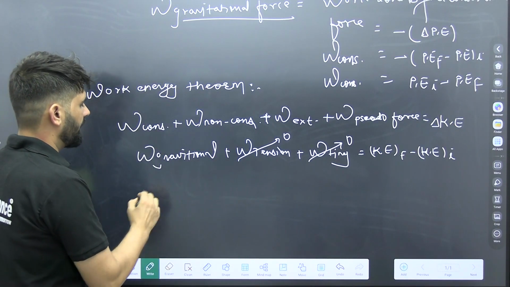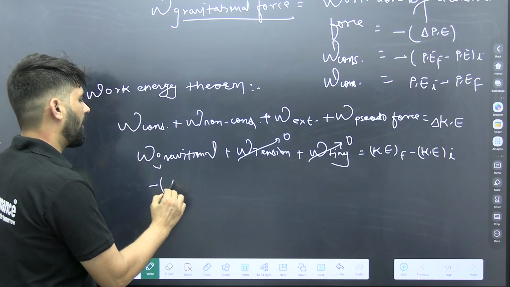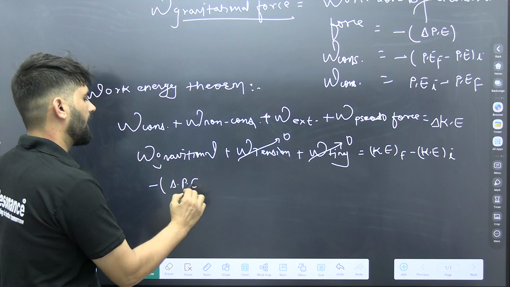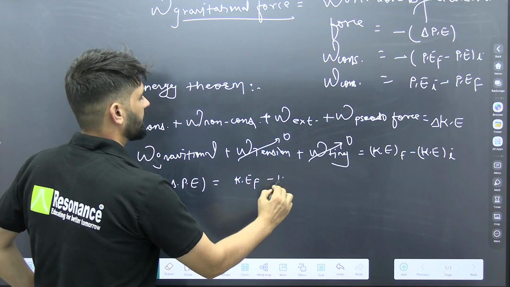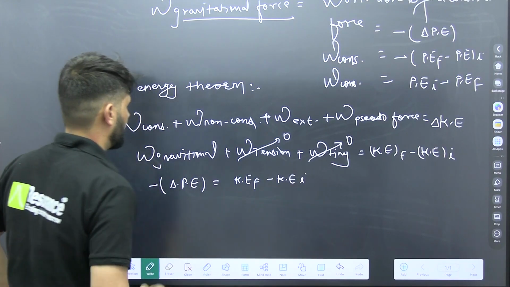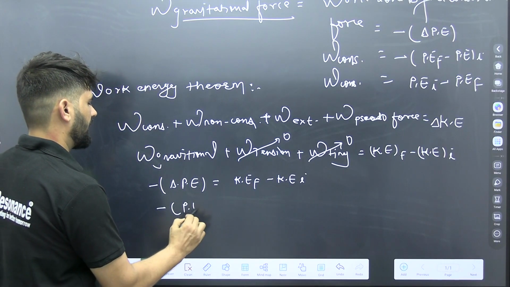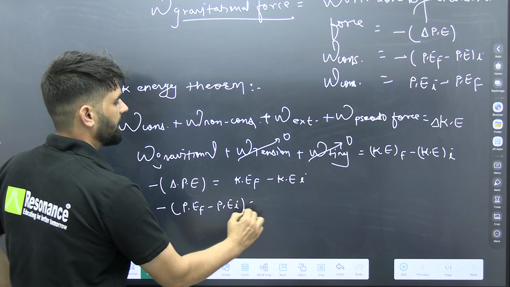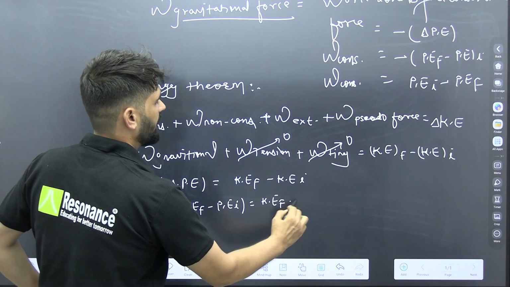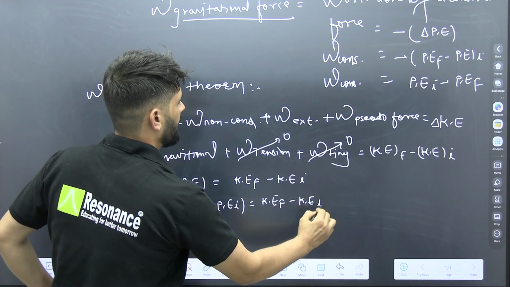So work done by gravitation is the negative of change in potential energy, which is equal to kinetic energy final minus kinetic energy initial. Negative of potential energy final minus potential energy initial is equal to kinetic energy final minus kinetic energy initial.